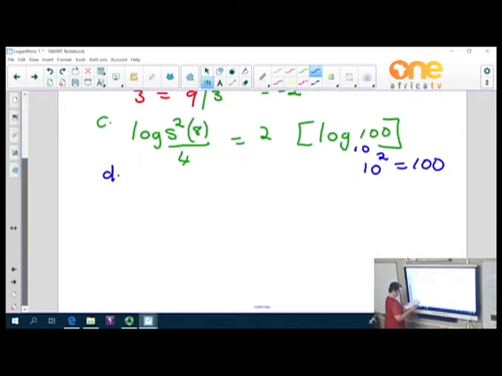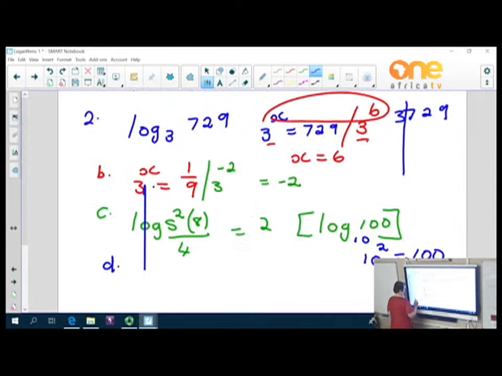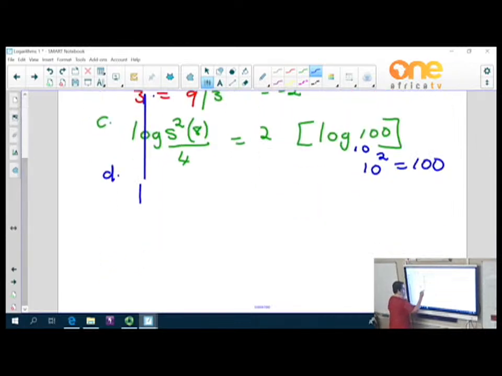Number D. D is then log 8, multiply by 125, and now you will see there's a -1, so it will again be divided by 10. Log base 10 of 10 gives us the 1.